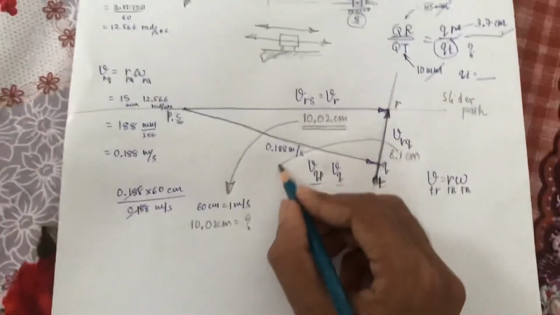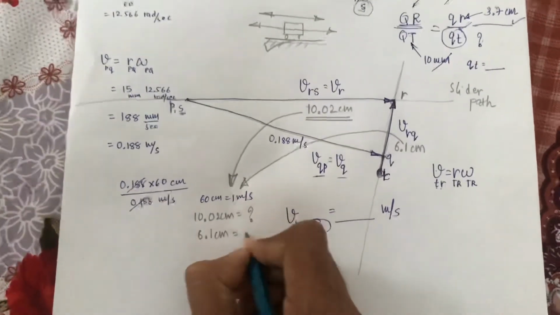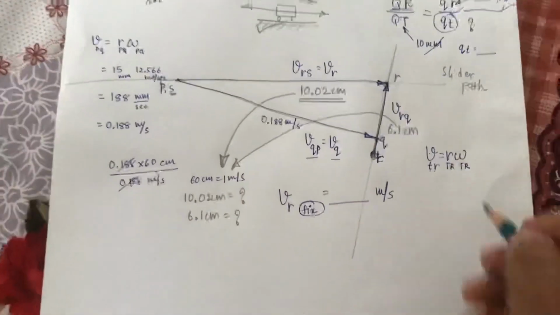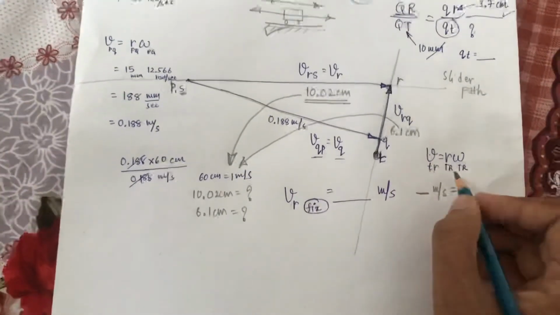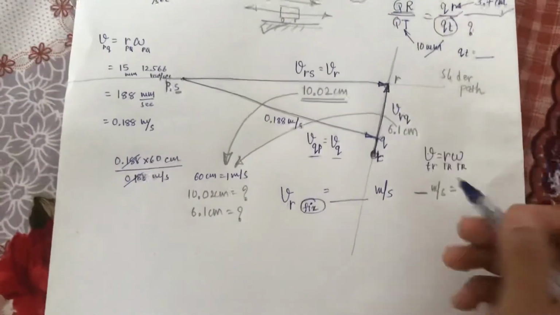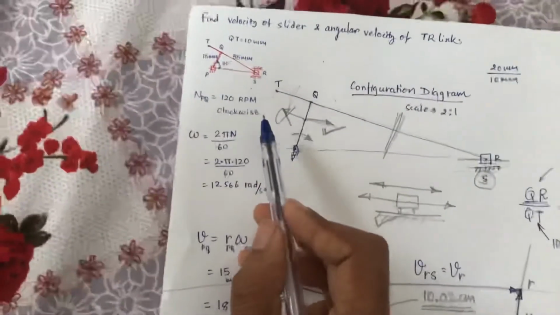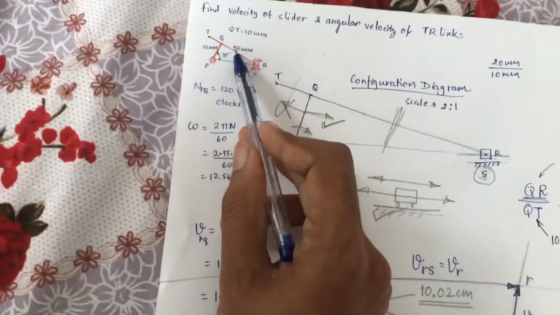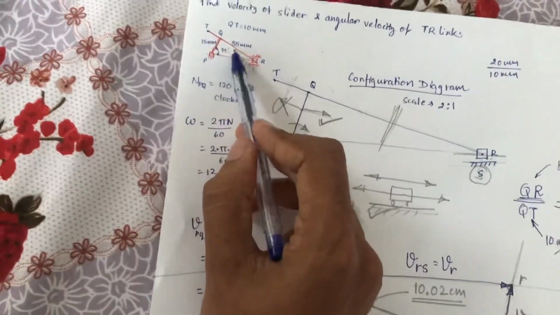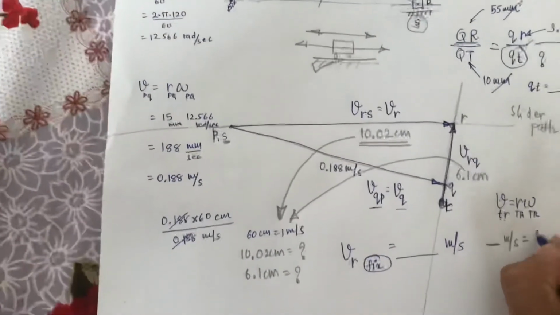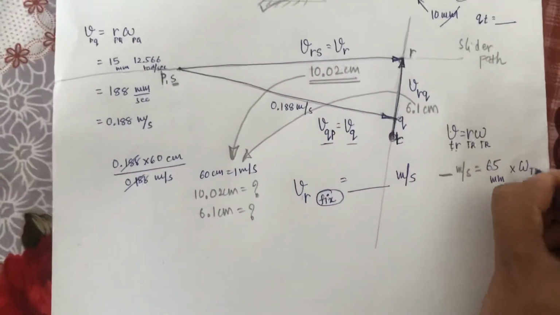Convert into the original velocity scale: 6.1 centimeter equals how much meter per second? So you can write it in meter per second, equal to TR times omega. TR represents the length of TR originally. TR length is 55 plus 10, that is QR plus QT. So it is 65 mm multiplied by omega TR.